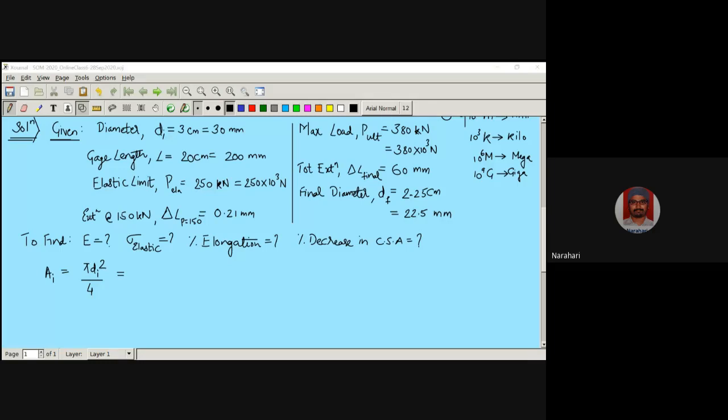Who was that who answered? Sir, me, Yuvraj. Yuvraj, what is the number you told? Sir, 7.065 into 10 power minus 4 meter square. Why suddenly you converted into meter? Sir, I kept everything in SI unit. Millimeter is also an SI unit.